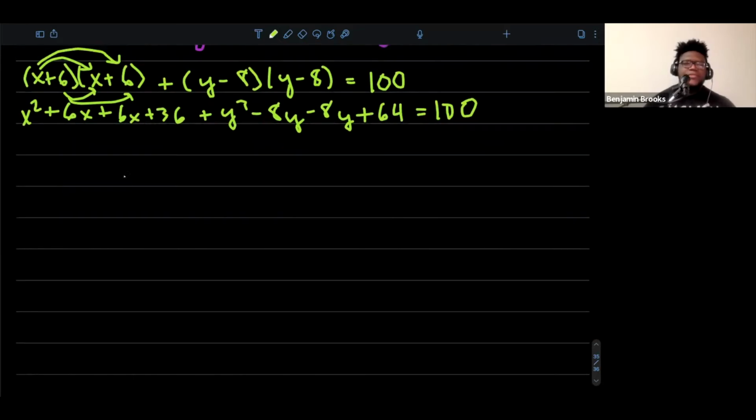Then what you'll end up with is x squared plus 12x plus 36, just combining like terms, plus y squared minus 16y plus 64 is equal to 100.